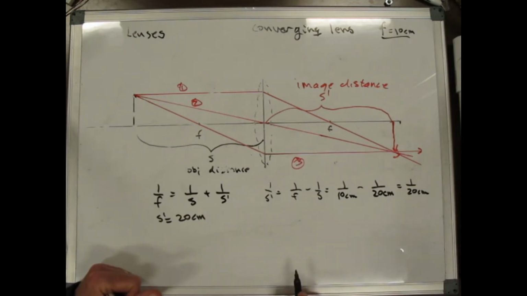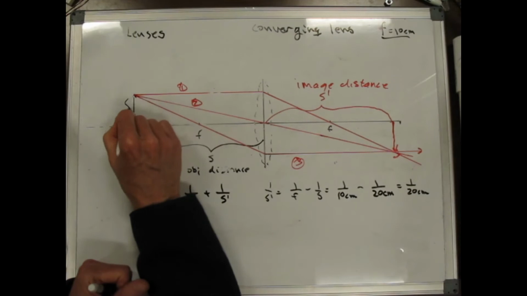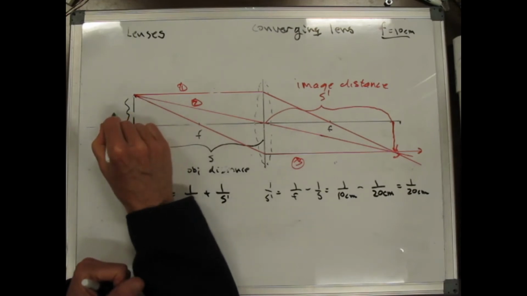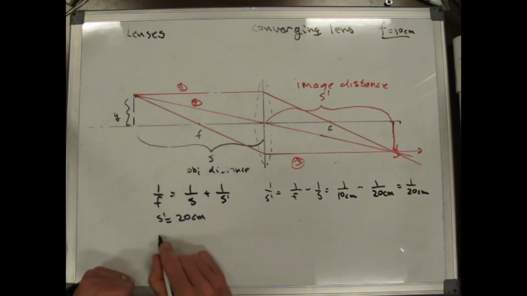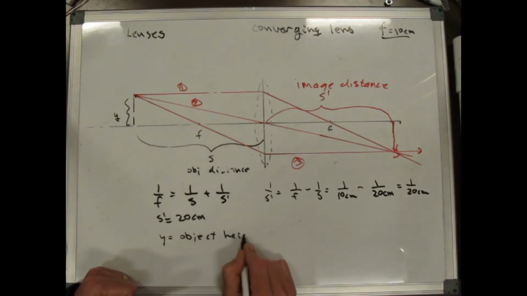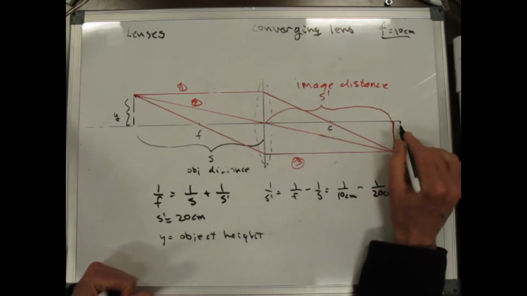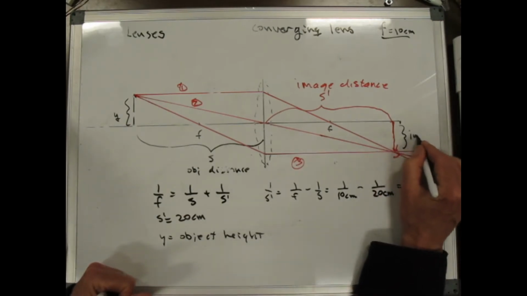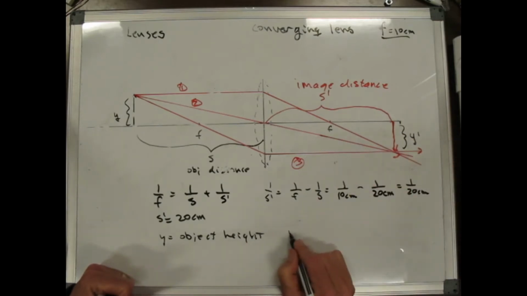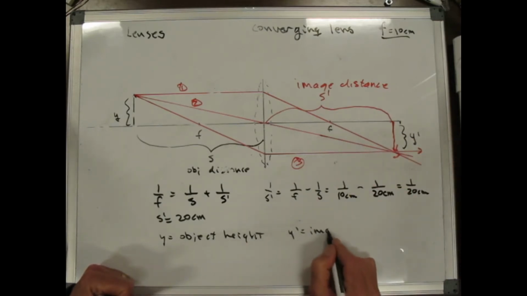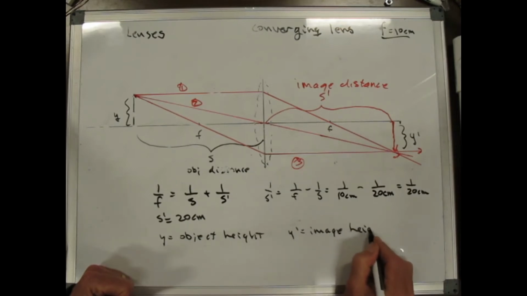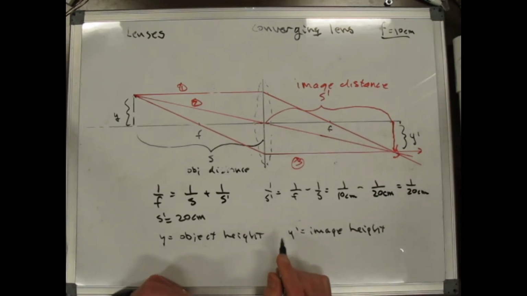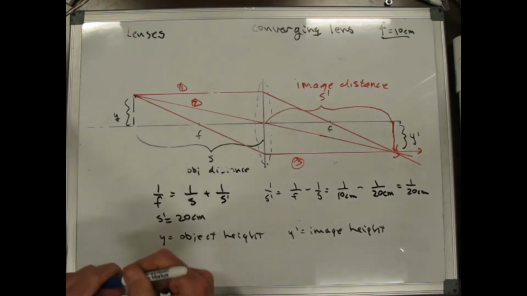So if you write this height as the object height, and this one here is the image height, you can see some similar triangles here, and I'll sketch them out gently in blue.